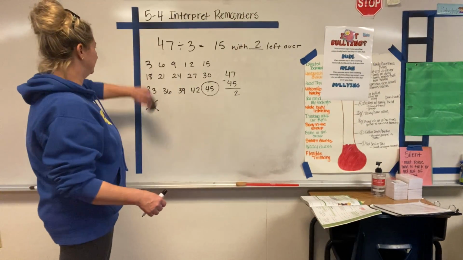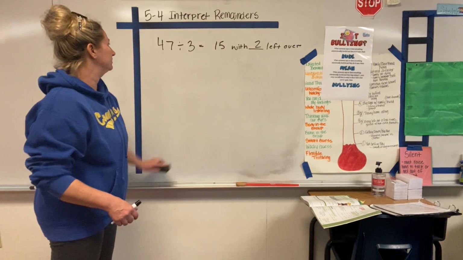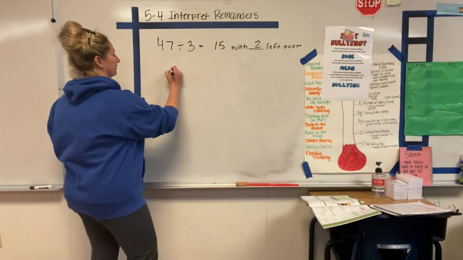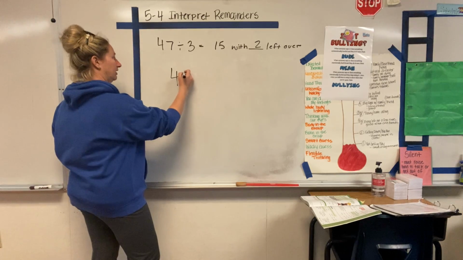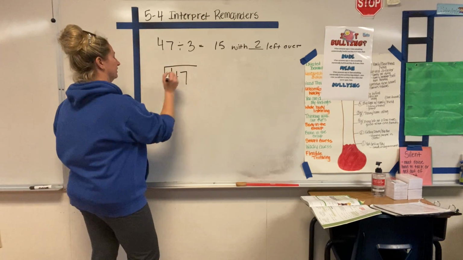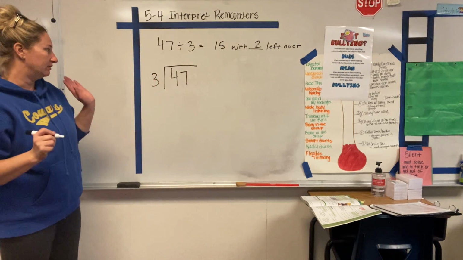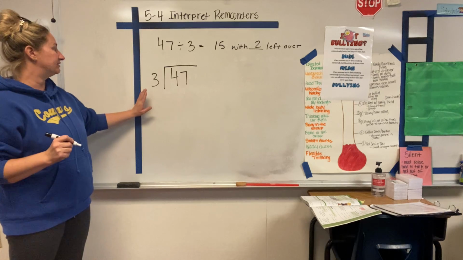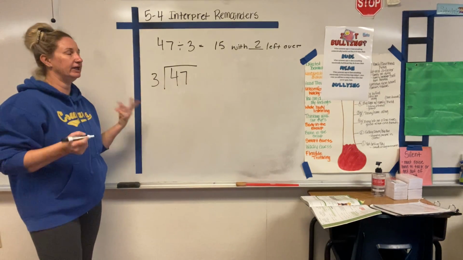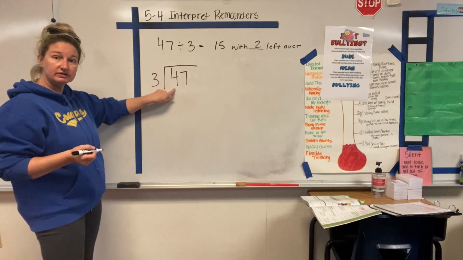Okay, I'm going to erase this. And we're going to do it the way, this is called the algorithm that you would use. So 47 divided by 3. Now I would start by looking at the first number and I say, is 3 smaller than 4? Yes, it is. So that means that 3 would go into the first number, 4.